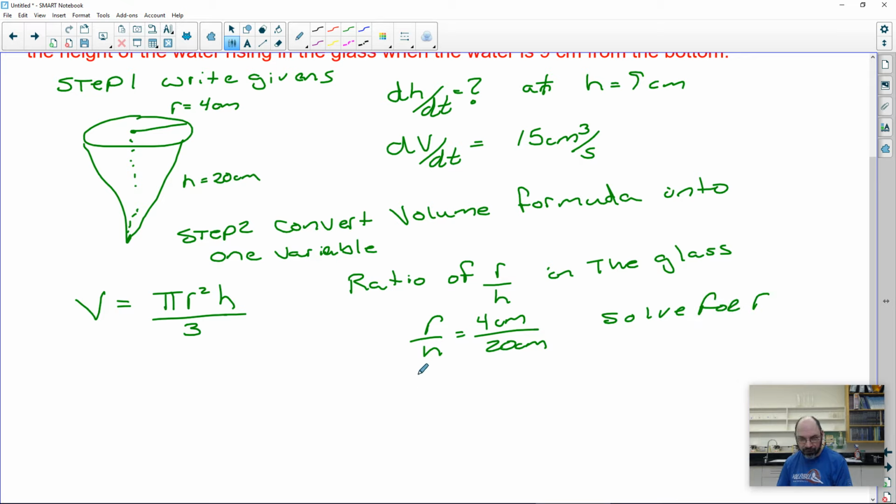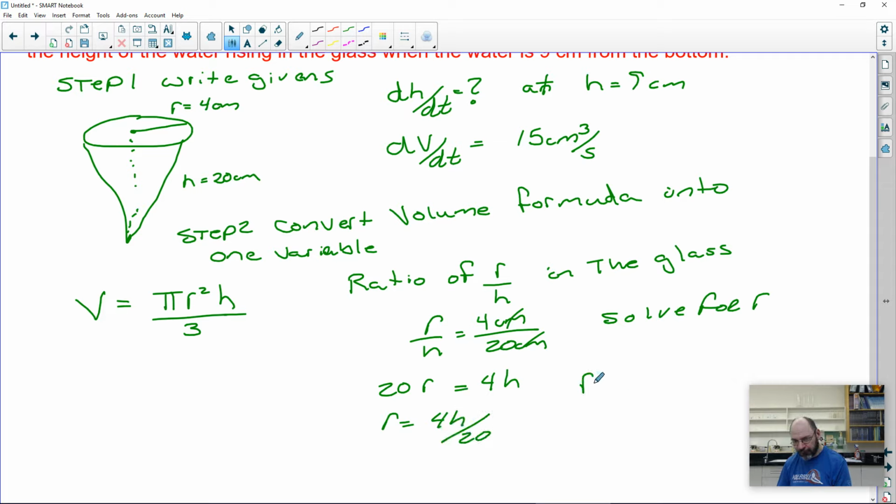Okay, so 20 R's. These cancel out the centimeters, right? 20 R's, got to be the same unit, obviously, equals 4 H's. Okay, so now I want to divide both sides by 20. So R equals 4H over 20.